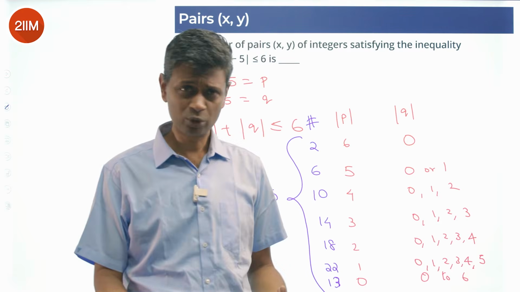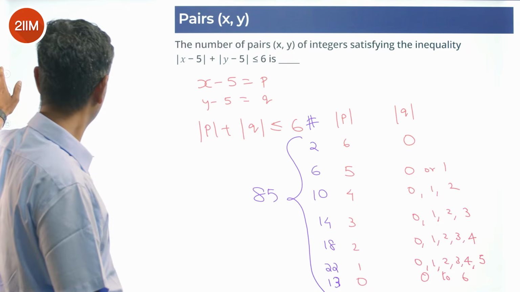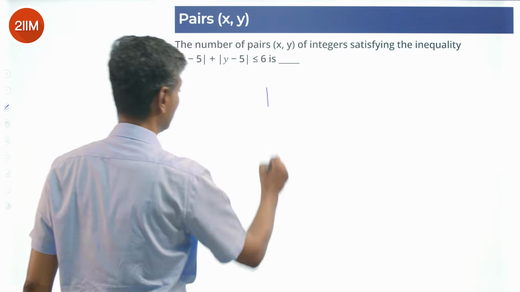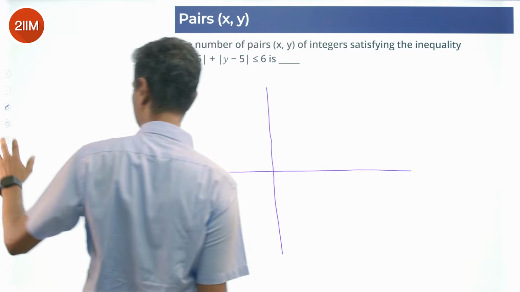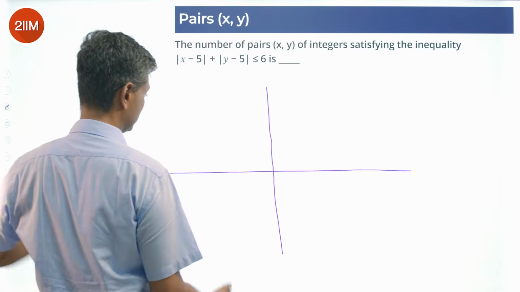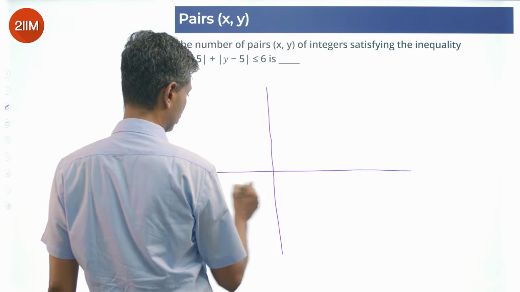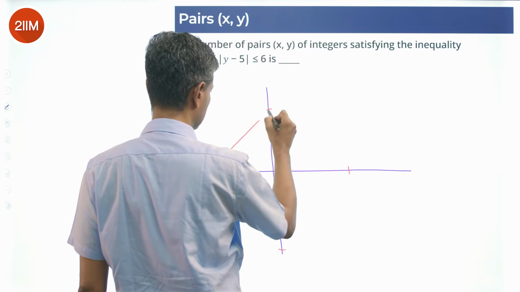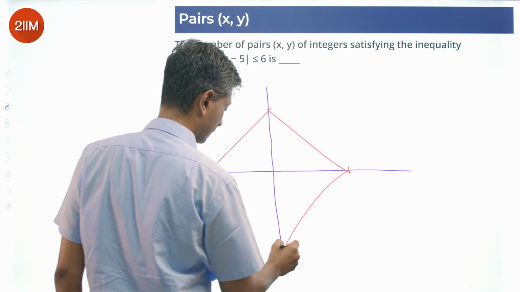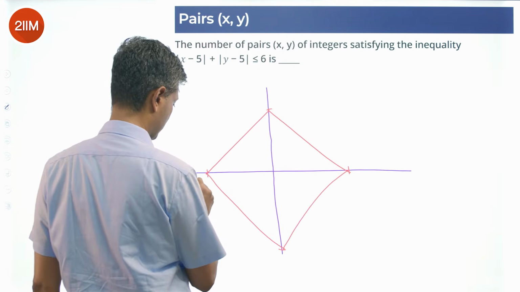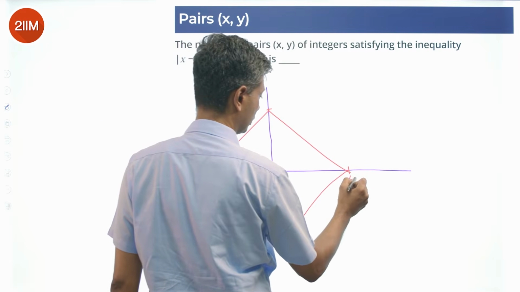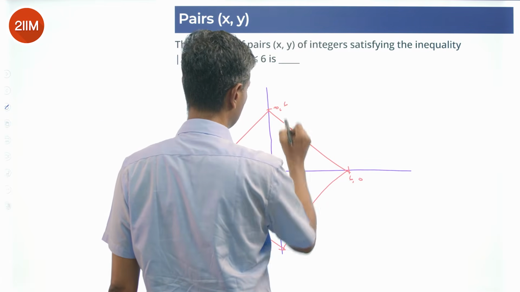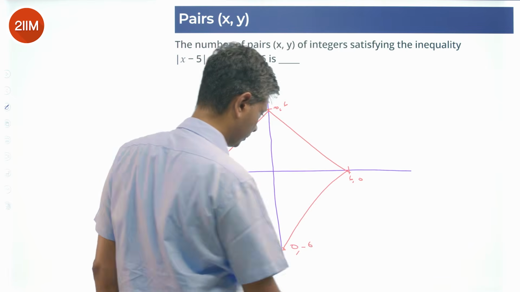The other way of thinking about it, mod P plus mod Q less than or equal to 6. You can think of it visually and say minus 6, 0, 6, 0, 6, 0, minus 6.